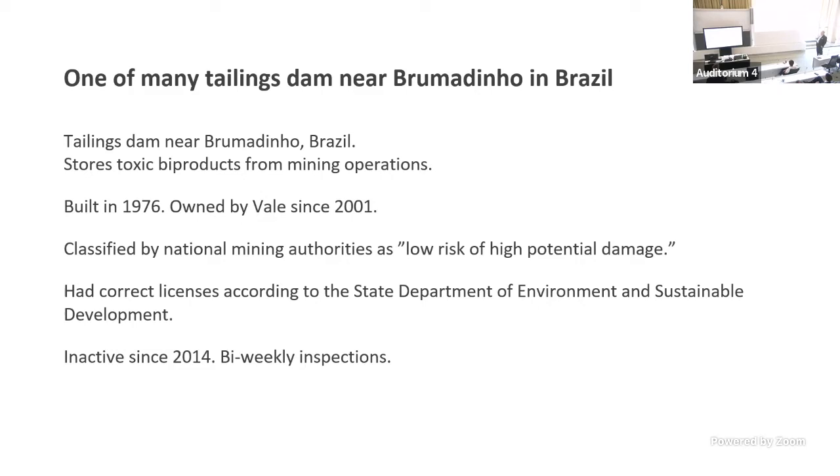And it had a classification by the Brazilian Mining Authority as having a low risk but high potential damage. So, just like we usually say about nuclear power plants and so on. It had the correct licenses from the authorities in Brazil. It was turned off in 2014, but still existed, of course. It was inspected bi-weekly.